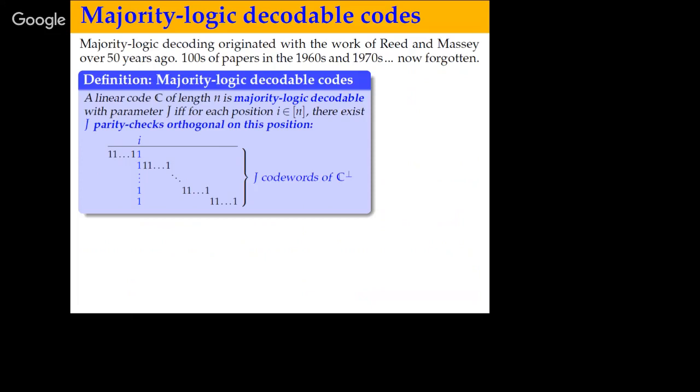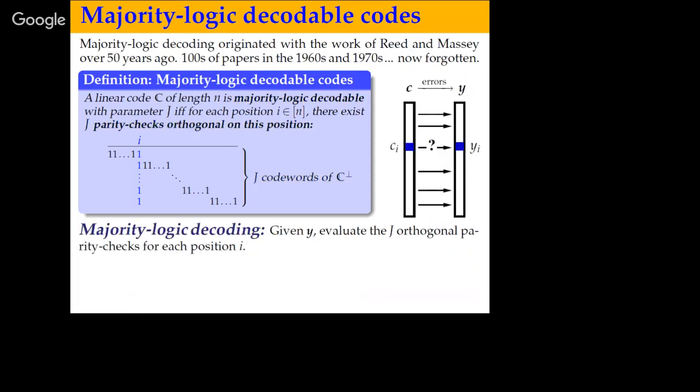Now, why were they studied back in the 60s and 70s? Because if you have such a code, then it can be very easily decoded by majority logic. That's where the name comes from. So let's learn how that works.